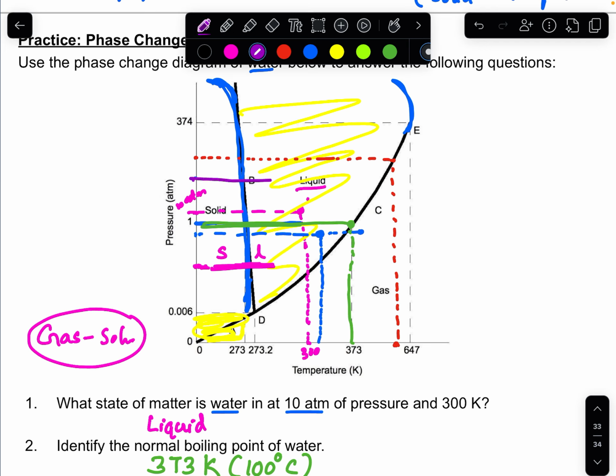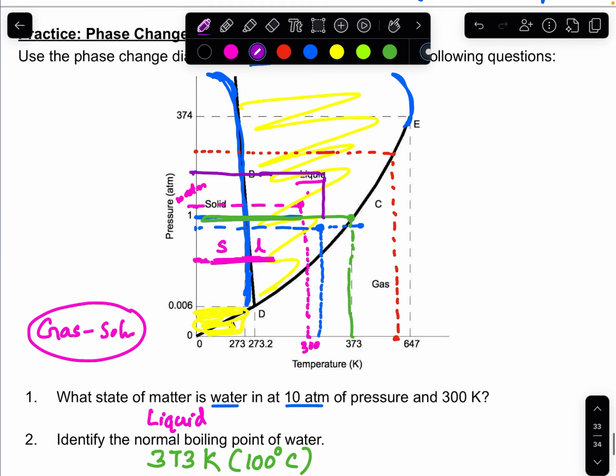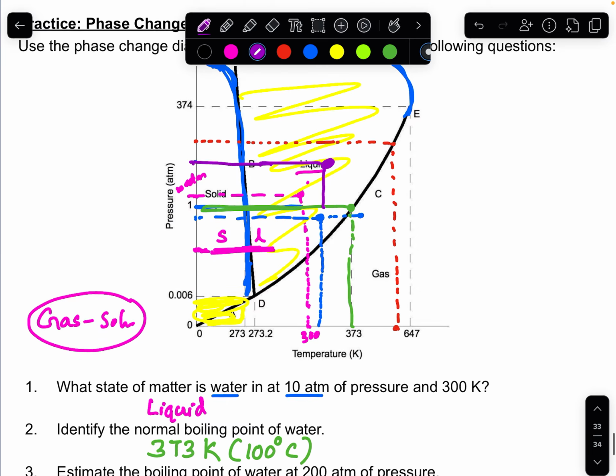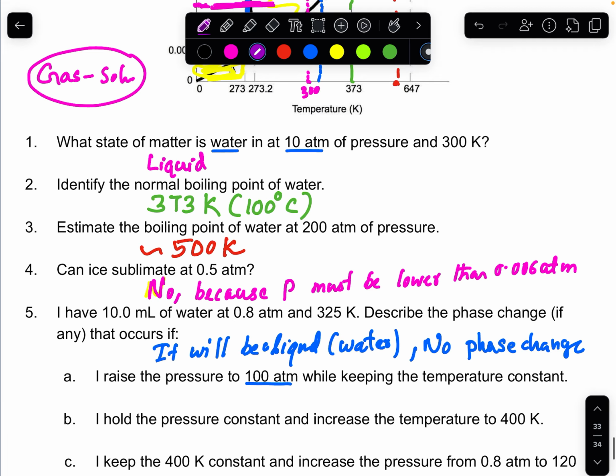So if you go to 100 atm keeping the temperature constant, that will be here. Still that is a liquid state, so we can say no phase change, it will still be water.